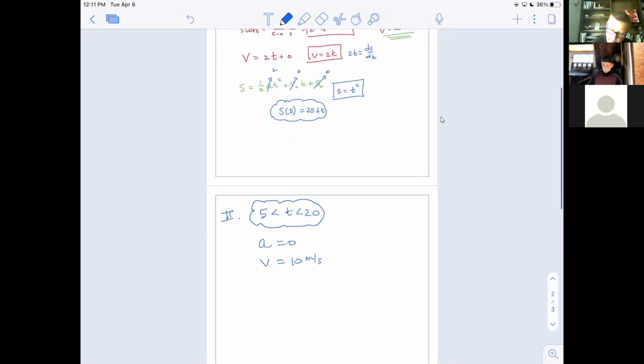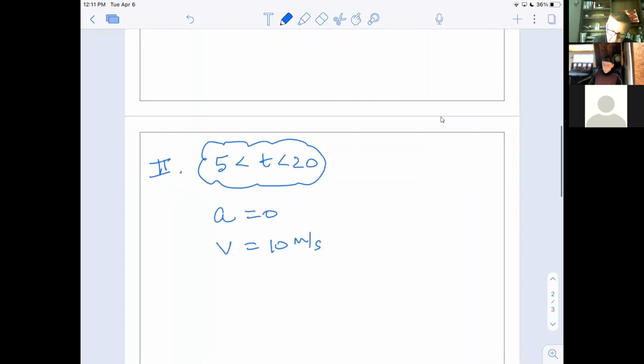I'm going to say, okay, if that's what V is, and V is equal to ds/dt, which I know is 10, then I'll just build it for myself. So I would have ds on this side. I would multiply the dt over to this side. I would take the integral. The integral of 1 with respect to s is s. The integral of 10 becomes 10t, and then it's plus an initial position.